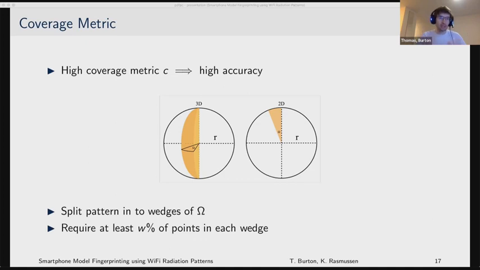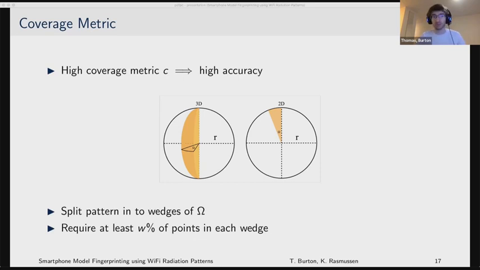Our way of measuring how much the pattern is covered is we split the pattern into wedges of omega, progressively smaller values of omega, and we find the smallest omega where at least W% of the points fall into each wedge. W is configurable, and you can tune it to get exactly the properties you want. Then we normalize this value and invert it so it's between 0 and 1 to give an idea of the coverage. That outputs a coverage metric.